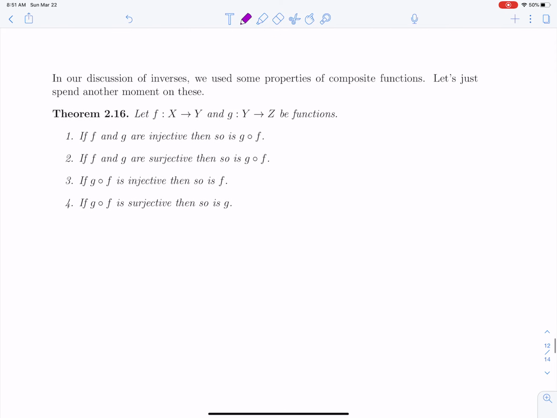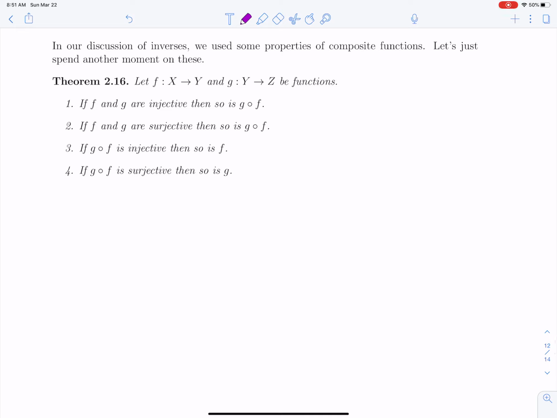Finally, I want to prove one of these. I think you have other ones on your homework, so maybe I'll prove number 3. These are sort of cleanup lemmas. If you have a function going from x to y and another function going from y to z, and you know one of them is injective, do you know the composition is injective? Those kinds of statements. So remember, we're going from x by f to y and by g to z.